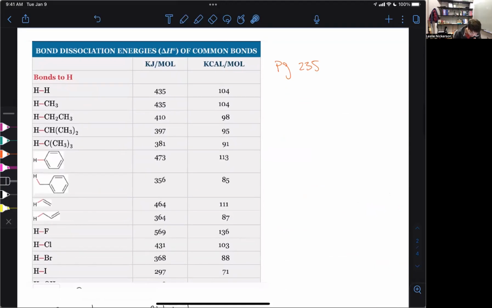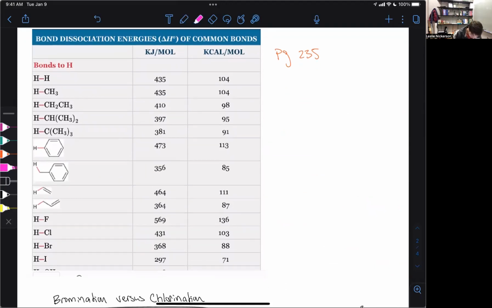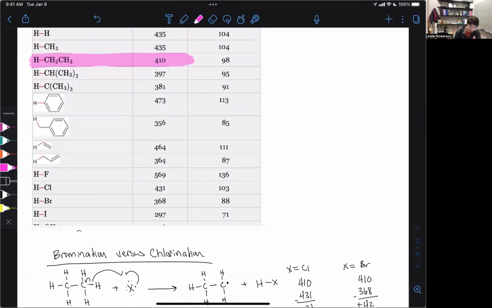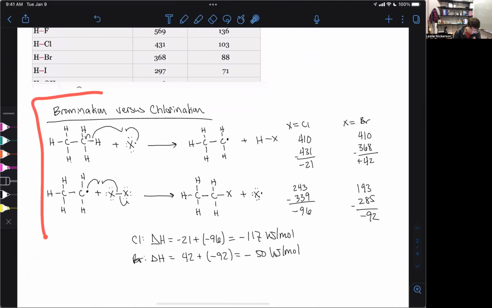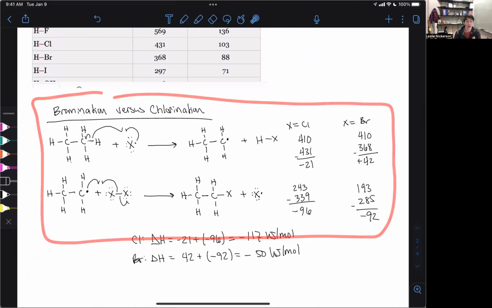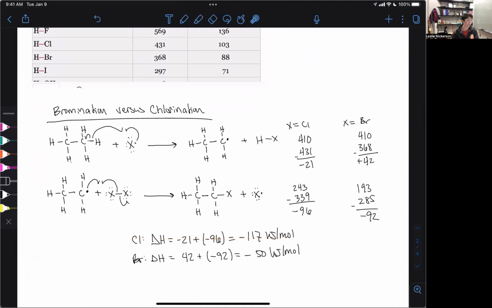But I have this in here so we can particularly look at the ethane example, where we're specifically looking at this side. Okay, so we're looking at that guy. The bond dissociation energy of the C-H on ethane is 410 kilojoules per mole. Okay, so we're just going to look at bromination versus chlorination of ethane.